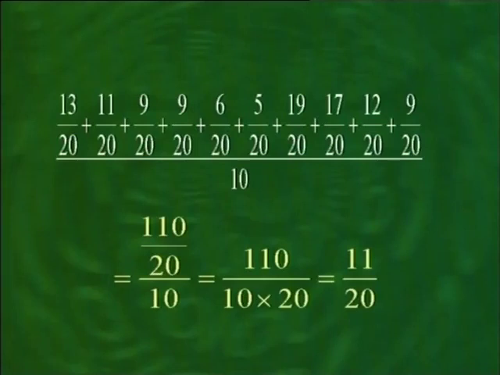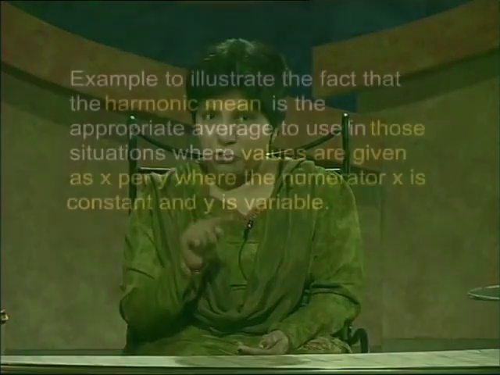Exactly the same result that I obtained a short while ago when I was adding simply the marks and not using the value 20. After all, जब मैंने पहले भी आपसे कहा कि mean marks 11 हैं, तो मेरा मतलब तो यही था ना कि on the average a student is obtaining 11 out of 20.